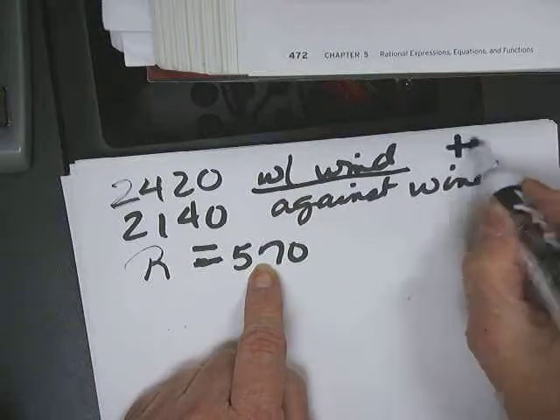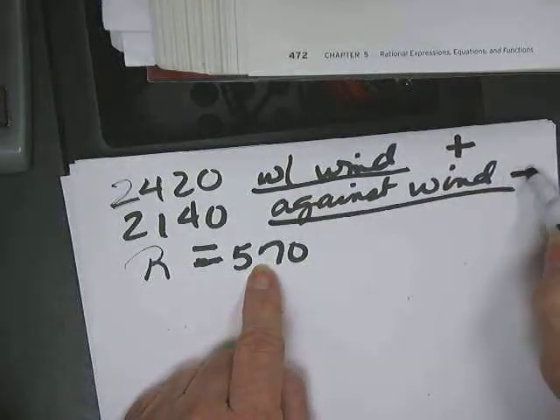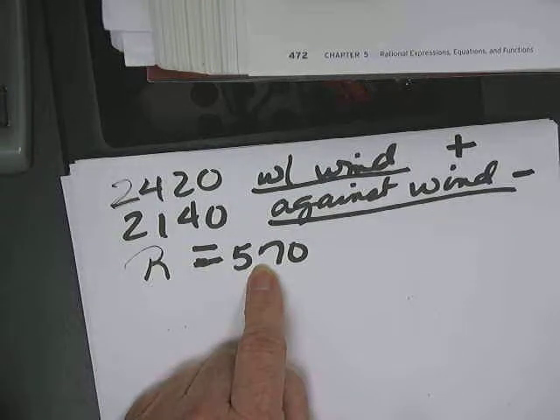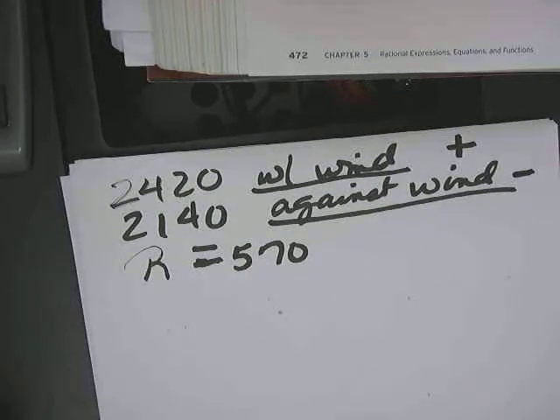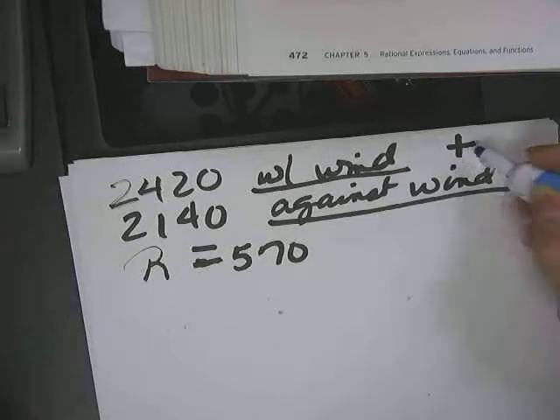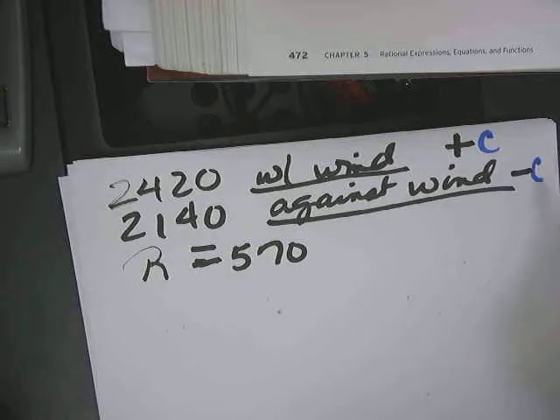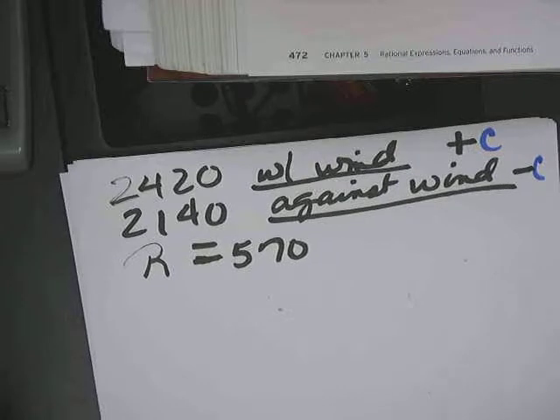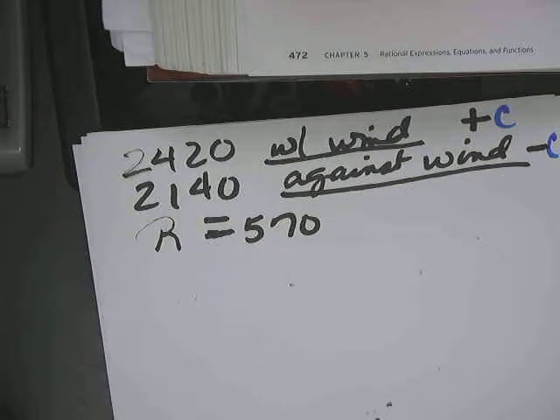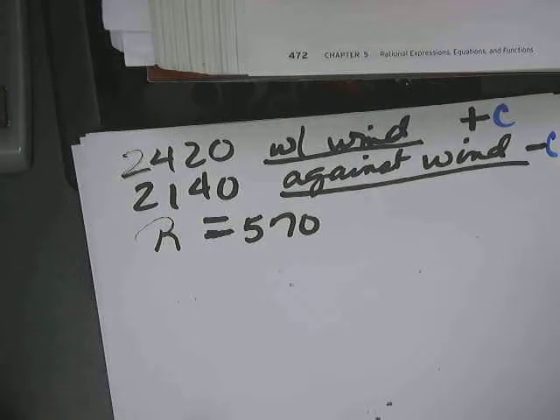When would you add it to how fast you're going? When you're going with the wind, right? Not against it, because it's helping you go faster. So if you're going with the wind, you're going to add the current. Against the wind, you're going to subtract the current.